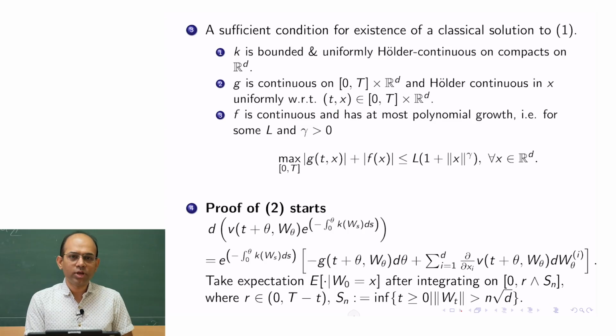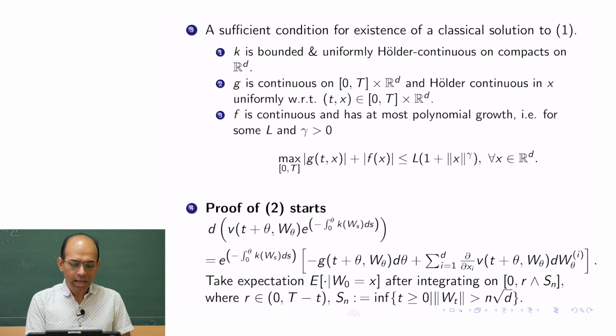So, in this proof, therefore, we start with the assumption that a solution exists, and then we derive. So, here assume that V is the solution of the equation. So, here we write down V of t plus theta comma W theta, and we multiply with e to the power of minus integral 0 to theta k W s ds.